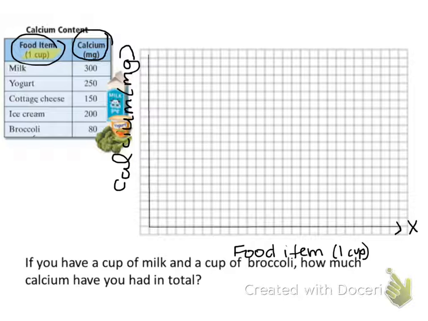So first, I'm going to start by counting the spaces along our x-axis down here, the number of spaces, not the number of lines. So I can see that I have 1, 2, 3, 4, 5, 6, 7, 8, 9, 10, 11, 12, 13, 14, 15, 16, 17, 18, 19, 20, 21, 22, 23, 24, 25, 26, 27, 28.